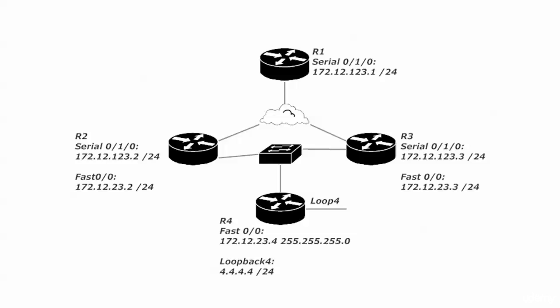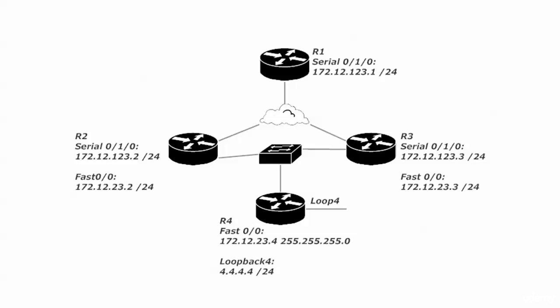That subnet is being used on routers 2, 3, and 4 on their fast Ethernet interfaces, and also router 4 is running a loopback, the all 4's IP address there with a /24. The entire network is configured for RIP. You've seen these commands over and over, so I've gone ahead and done that for you this time, and it's the usual, the network commands, version 2, no auto, and you're ready to go.